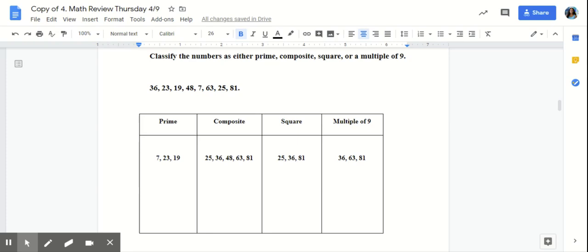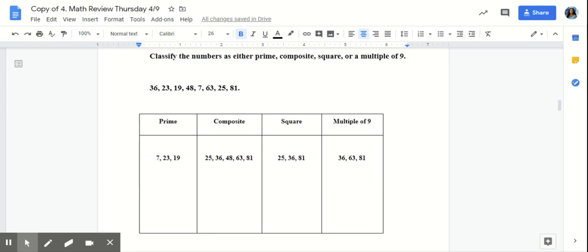So we know that 7, 23, and 19 are numbers that can only be multiplied by 1 and itself. 25, 36, 48, 63, and 81 have more than 2 factors. You'll notice that some numbers can be in more than one category. 25, 36, and 81 are square numbers because they have a factor that has been multiplied by itself.